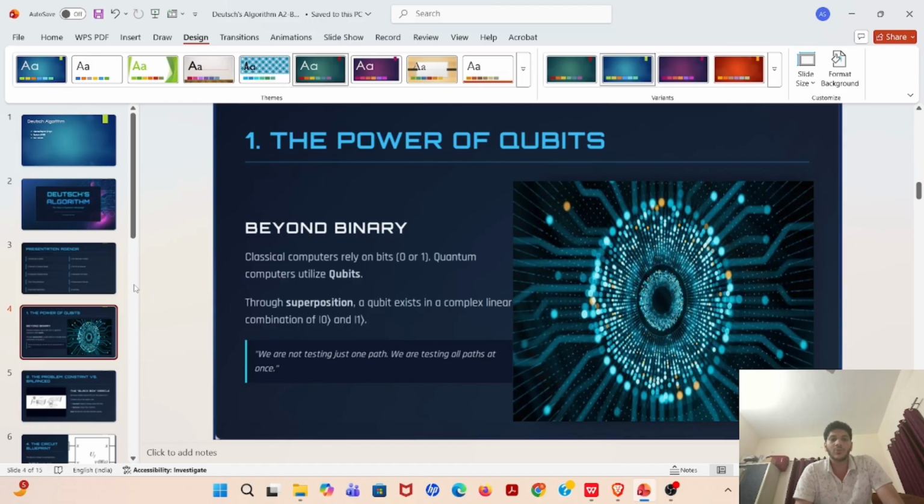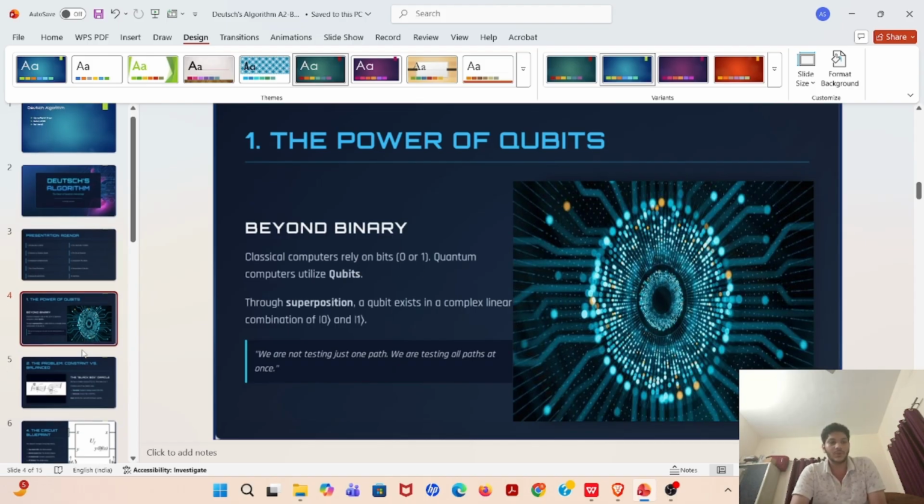Through superposition, a qubit exists in a complex linear combination of 0 and 1. Qubits are used in quantum computers.